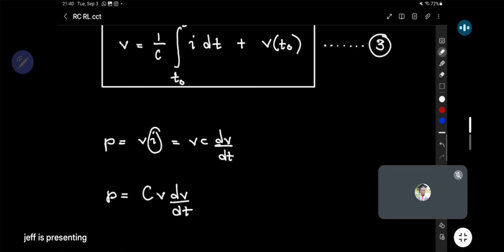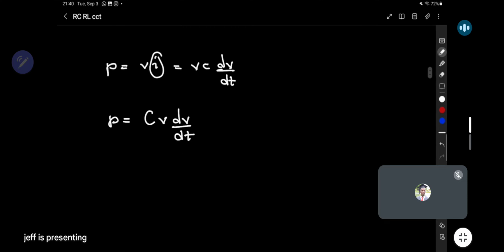So this is how this is reducing. And from the expression for power, we can easily come up with the expression for work done, because we know that power is equal to work done over time. So I can even say we can express this as dW/dt as the expression for power.